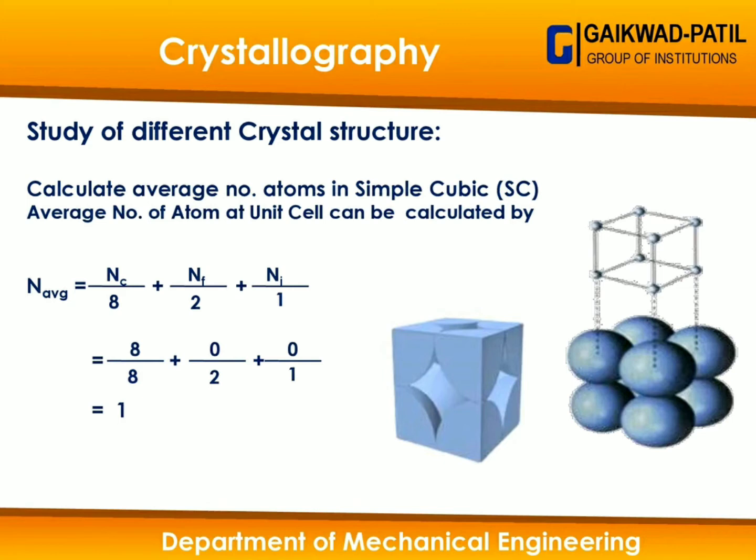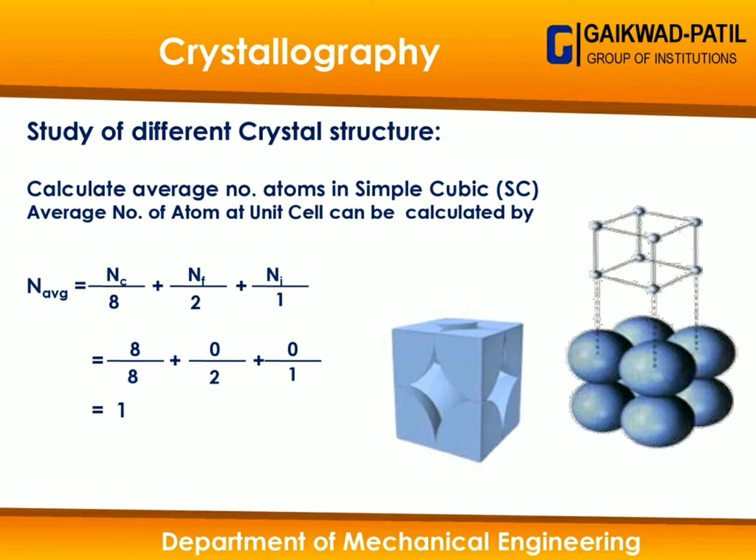So 0 divided by 2, plus NI. The center or interior atom is also not present in the simple cubic crystal structure, hence we take 0 over here. 0 divided by 1. So the average number of atoms inside the simple cubic crystal structure is 1, right?